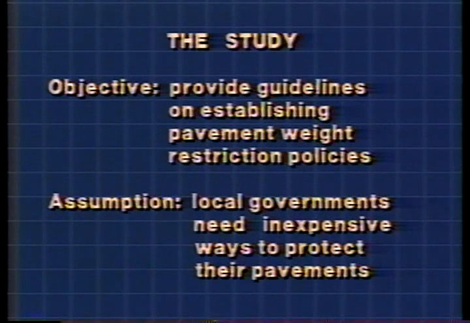The underlying assumption of the study was that local governments cannot afford to reconstruct water-damaged pavement structures and must opt to restrict truck weights to preserve their pavement investment. A secondary assumption was that local governments have limited testing equipment and personnel to use in applying seasonal load restrictions.